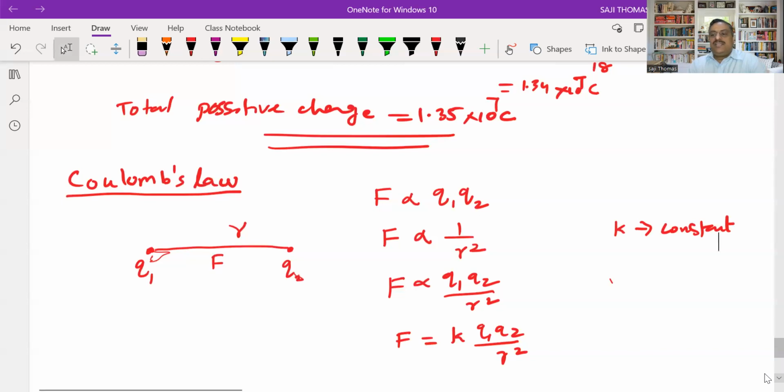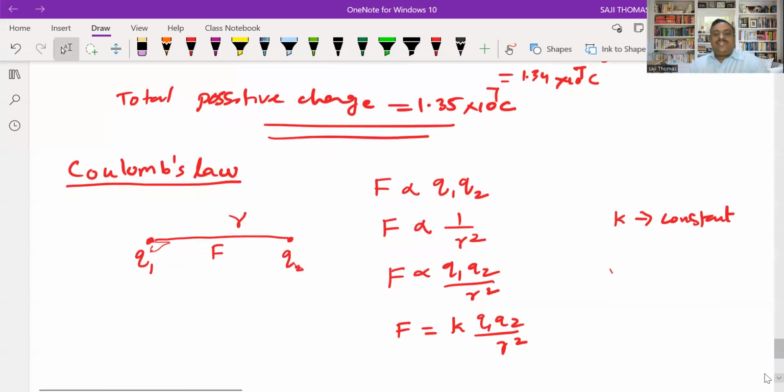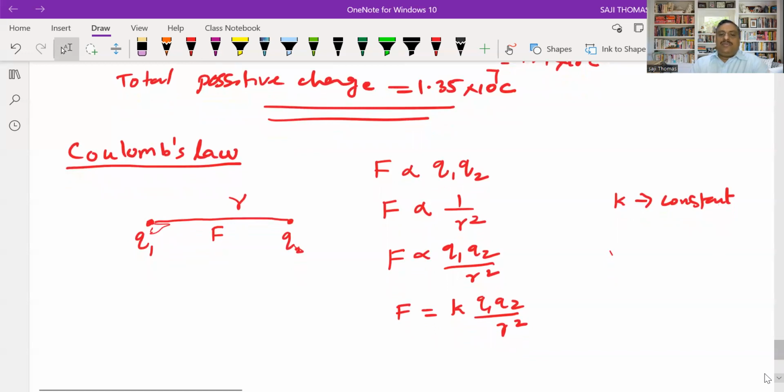What is the equation in mathematical form? F equal to K Q1 Q2 by R square. What are these Q1 and Q2? Q1 and Q2 are point charges.